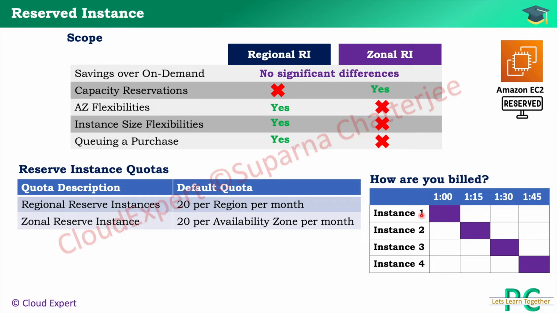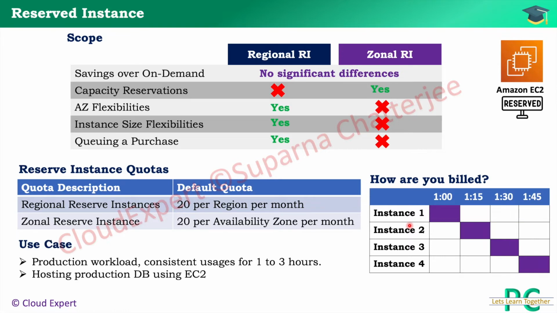If you see this table here, if you purchase one C4 extra large reserved instance and run 4 C4 extra large instances for 15 minutes, one after another, in that case, you are paying only for one reserved instance for the entire hour.